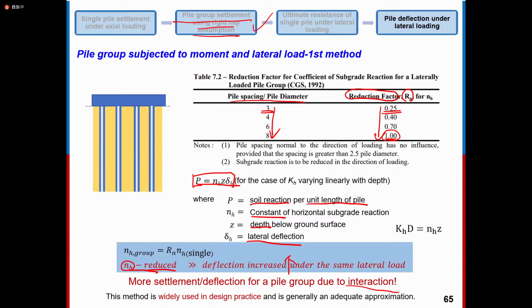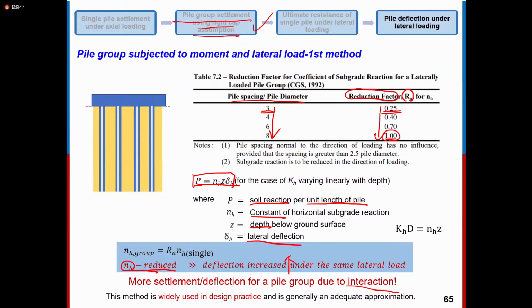The pile group interaction under the vertical loading or under the moment, we already know from example 4 or example 3b. The settlement for the pile group is much larger than the settlement of single pile, even though the average loadings are the same.